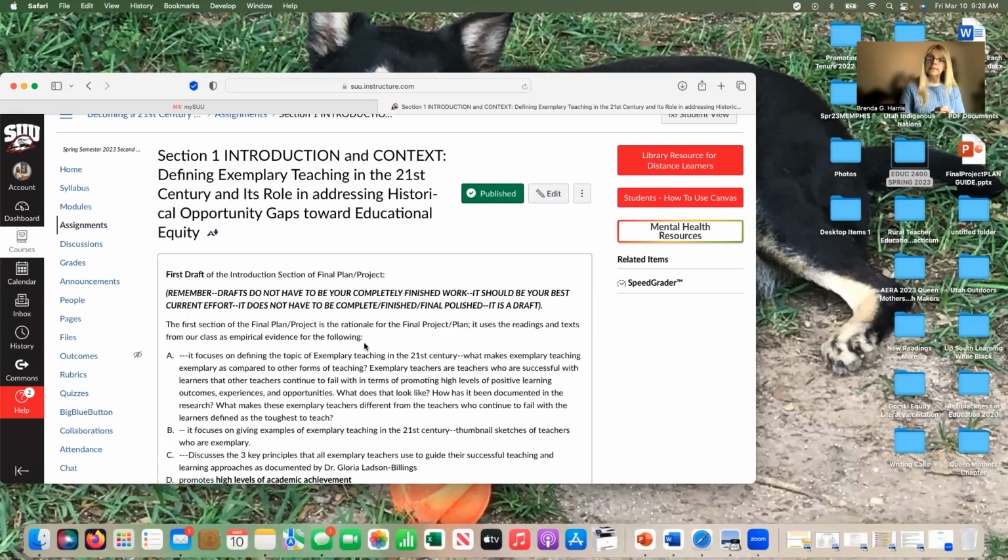You need to be concise, but I'm not going to make inferences about what I think you mean. So if you say something like, exemplary teaching is about student learning and so on, that's way too vague. I don't know what you mean. My idea of that might be different than yours, and I'm not going to try to guess that. So you have to be concise.